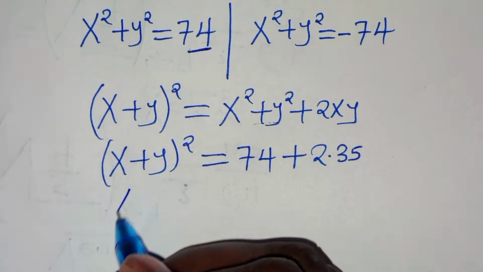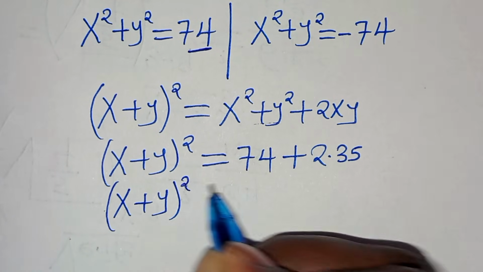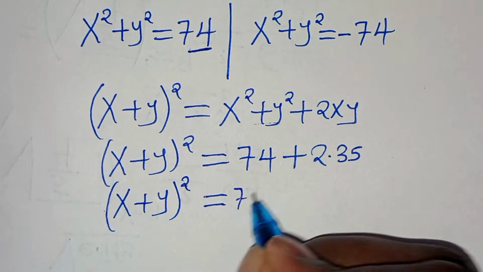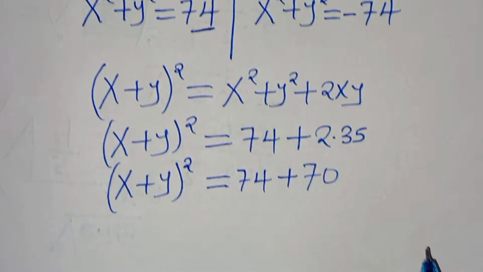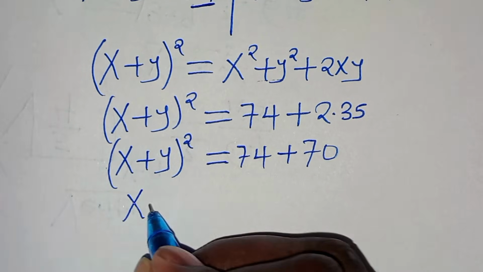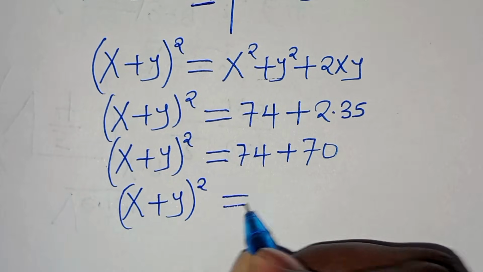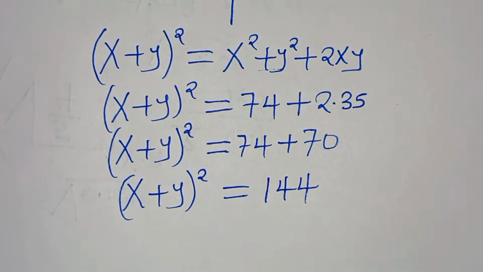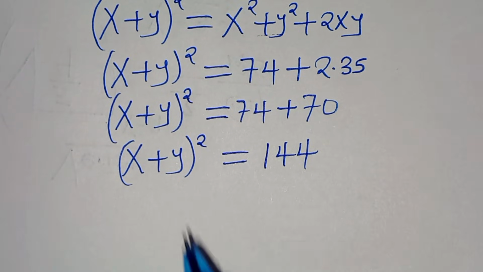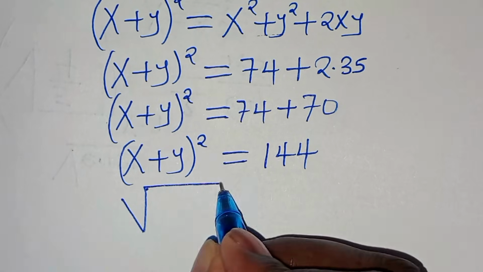So we have x plus y raised to the power of 2 equal to 74 plus 35 times 2, which is 70. And this means that x plus y raised to the power of 2 is equal to 74 plus 70, which is equal to 144. Now, to solve for x plus y here, let's introduce a square root on both sides.